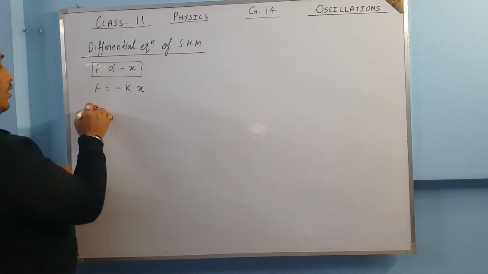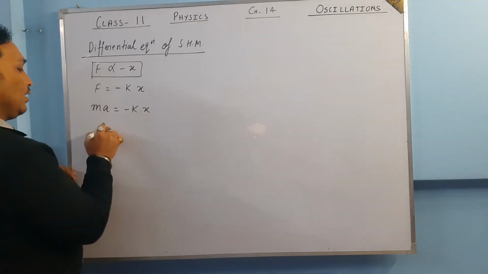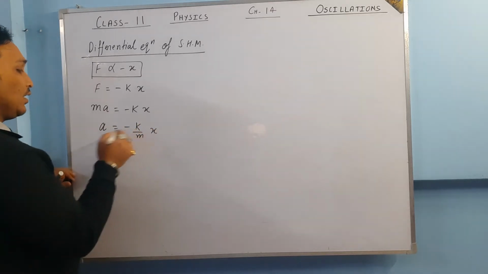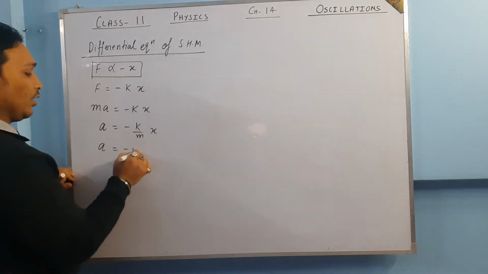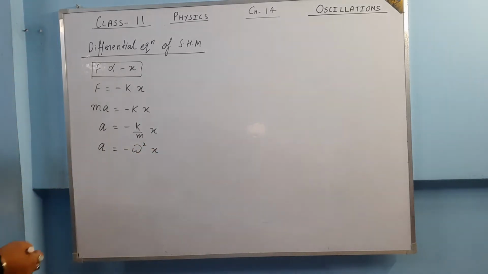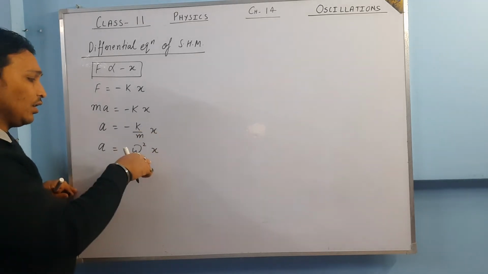Then F can be written as M into A, which is again equal to minus Kx. So A is equal to minus K upon M into x. That K upon M can be written as omega square, so minus omega square into x, that we have discussed already. From where this omega comes, we'll discuss afterwards under this topic only.